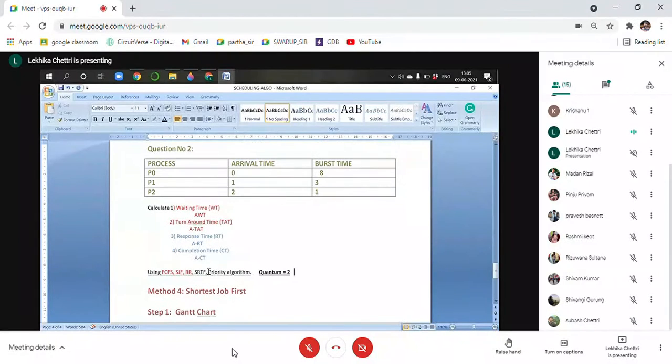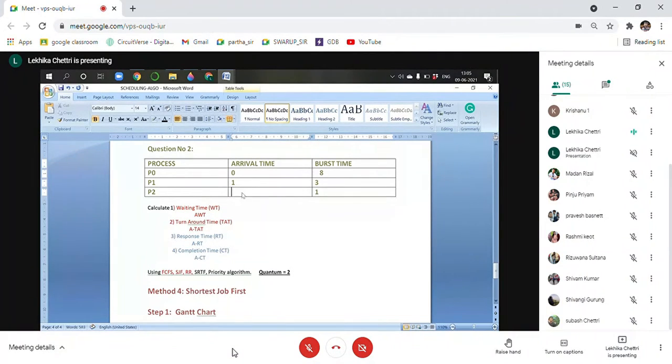So here what you have to look at first is arrival time. It will go like this. This one has come first, so this one will get the CPU time. This one has come second, so this one will get the CPU time. This has come third, so this one will get the CPU time.